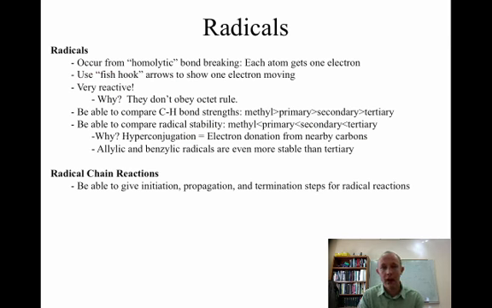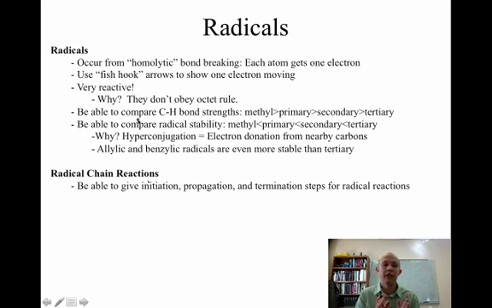Okay, so to summarize, what I want you to take away from this video is that radicals occur by homolytic bond breaking. Each atom gets one electron, those are both radicals. We're going to depict that bond breaking event using fishhook arrows that show one electron moving. The radicals are extremely reactive because they don't obey the octet rule, they're electron poor.